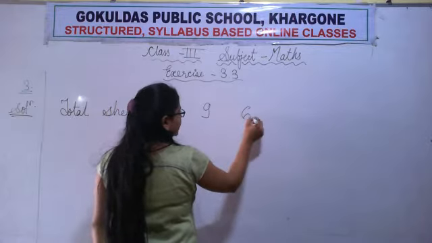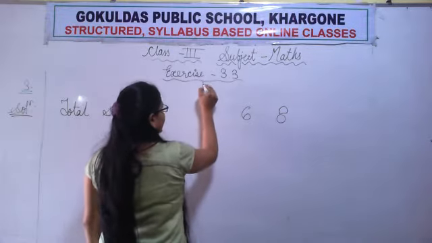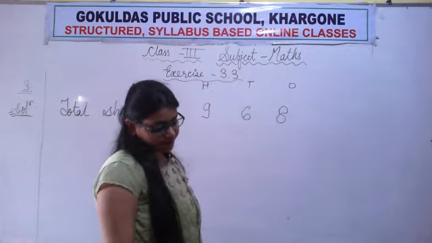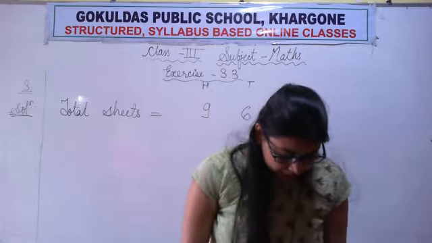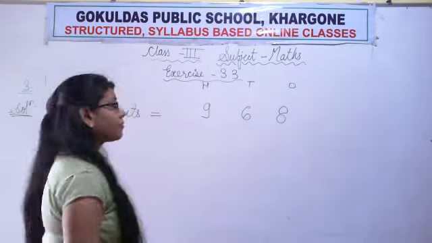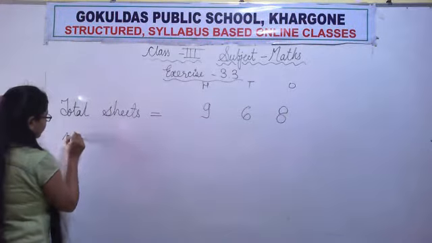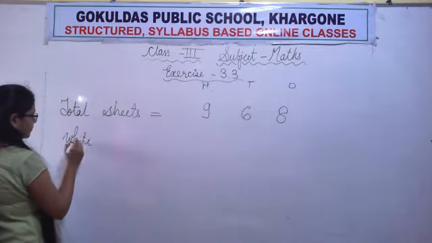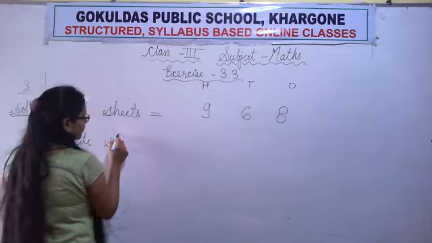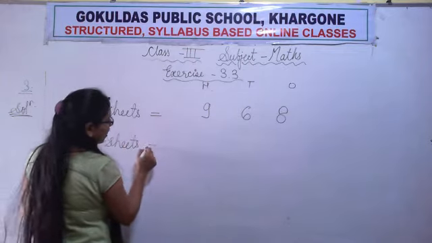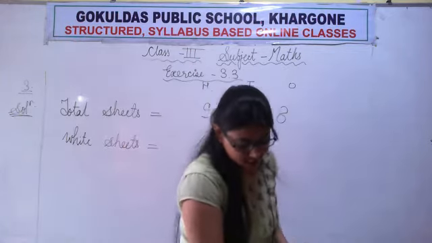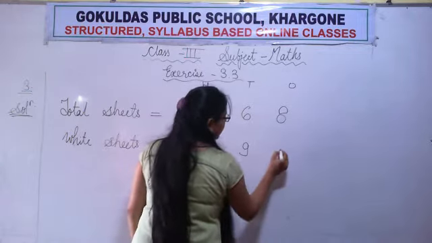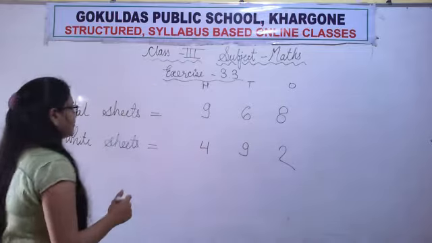968. Let's write hundreds, tens and ones for our convenience. Now 492 were white sheets. So let's write about white sheets. So there were 492 white sheets.